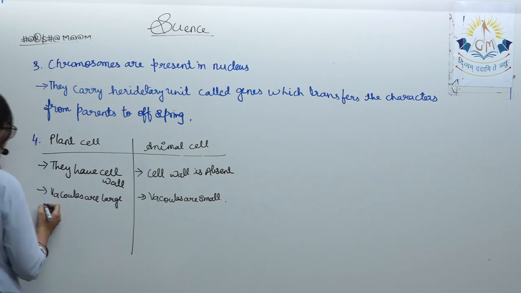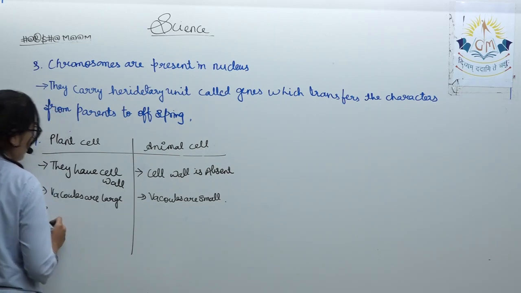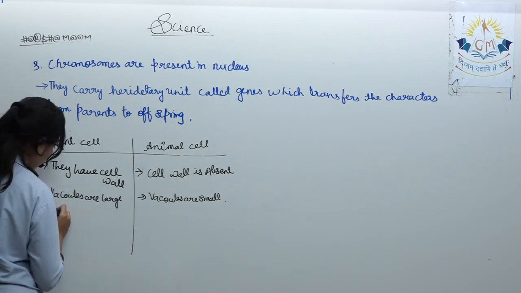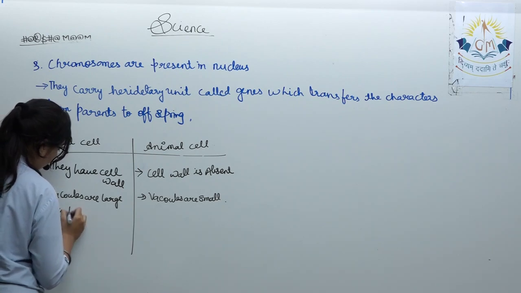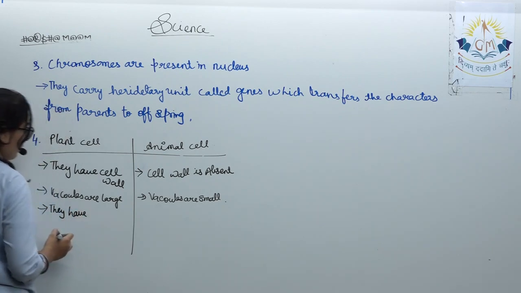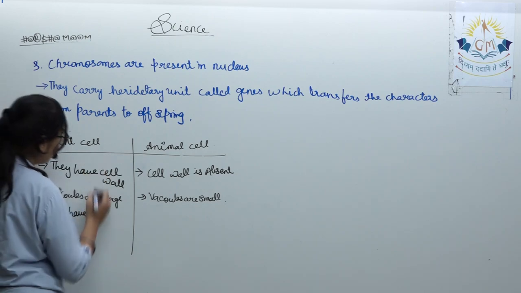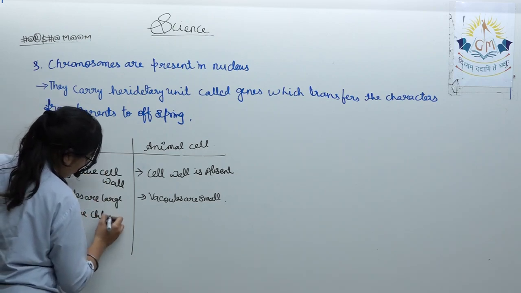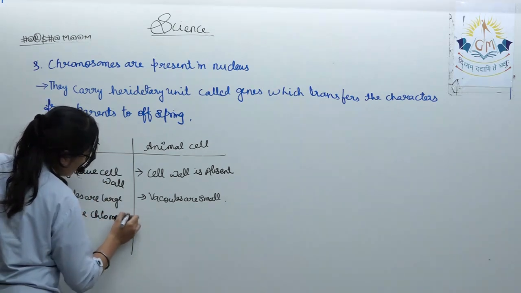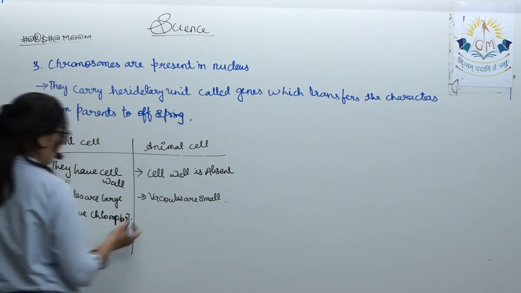Moving further, plant cells have chloroplast. Here chloroplast is absent.